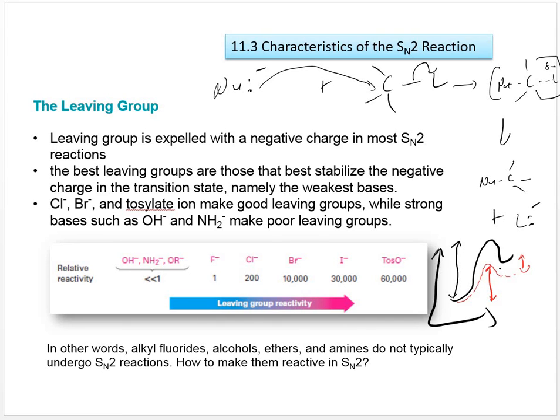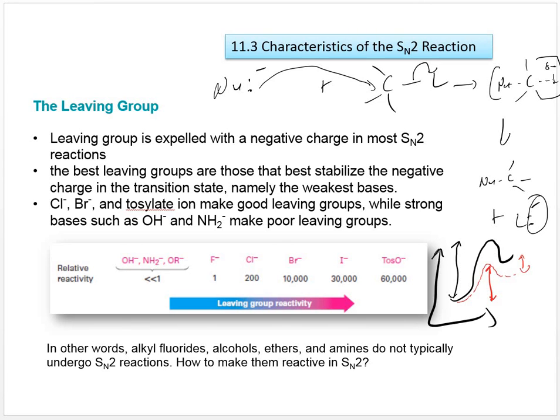Why do the substrates with good leaving groups have lower activation energy? Because their transition states are more stable. Why are they more stable? You can see that even in the products we have a negative charge, right?